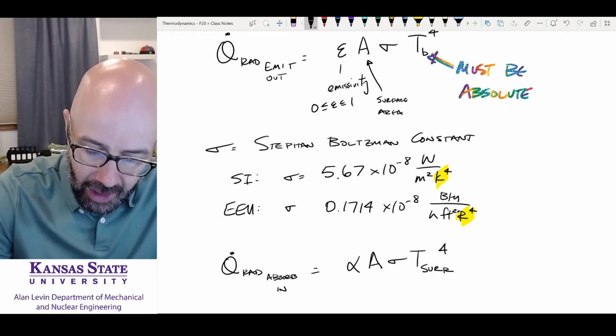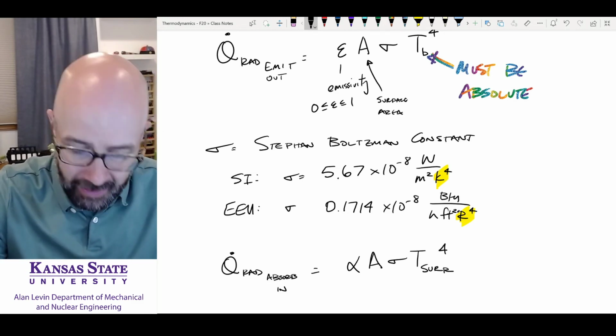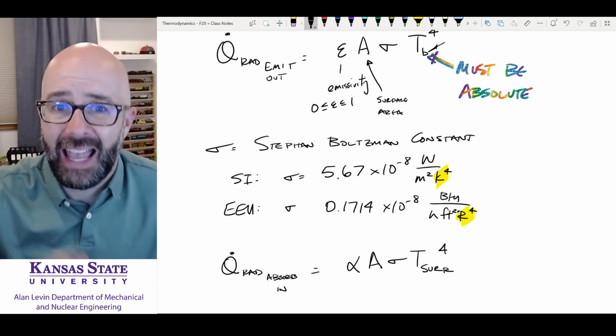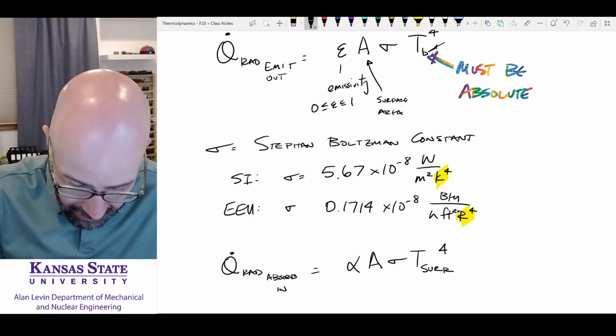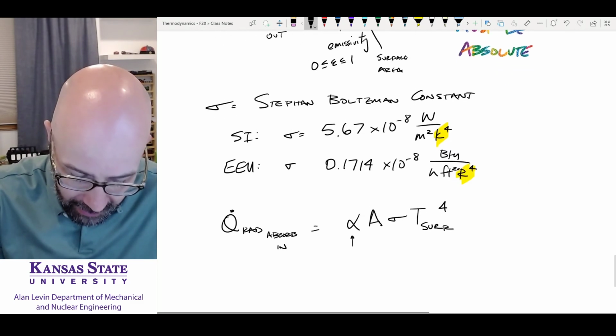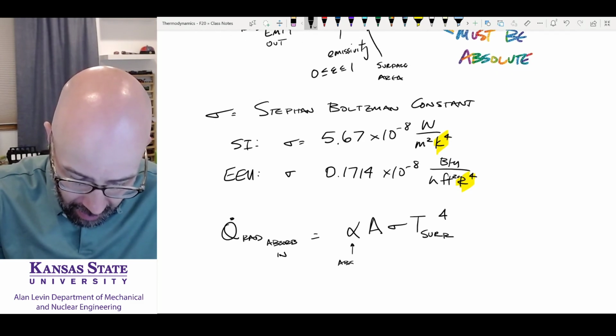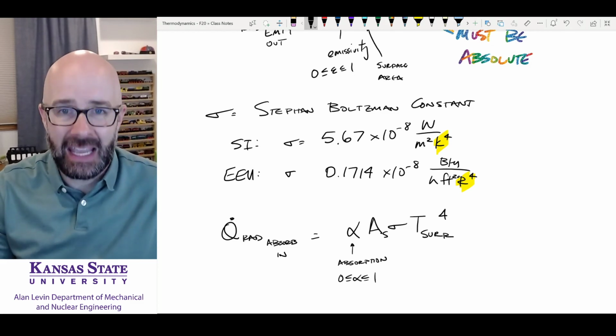This one is coming from the surface out, and this one is coming from the surroundings in. The only difference here is this is going to be the absorptivity, and this number is also going to be between 0 and 1. Everything else is going to be the same.